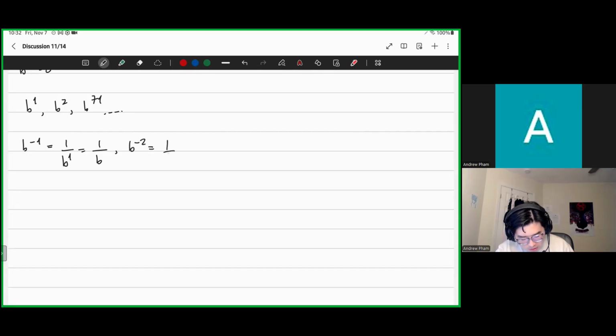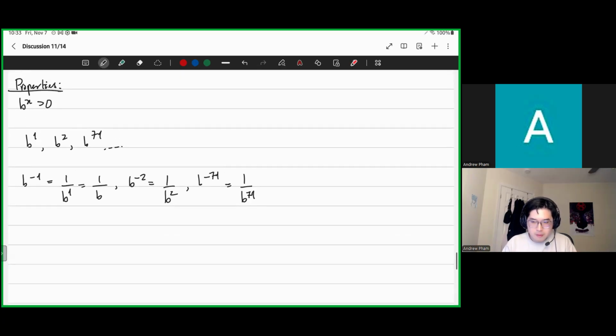That's just 1 over b squared. It's going to be a small number, but it's still going to be larger than 0. And the same thing, b to the -71 is equal to 1 over b to the 71. So it doesn't matter what x values you have, the quantity b to the x will always be positive, okay?